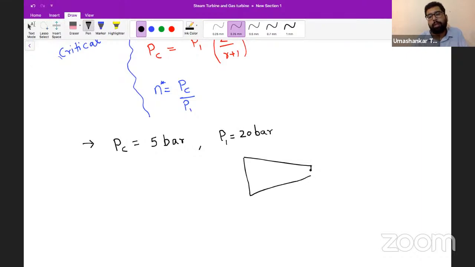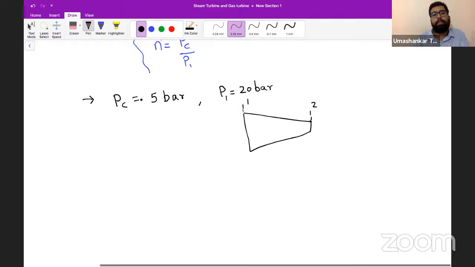This is condition 1 and this is condition 2. Now listen to me very carefully. Is it necessary that every time the exit pressure reaches the value of critical pressure? So no, it is not always necessary.